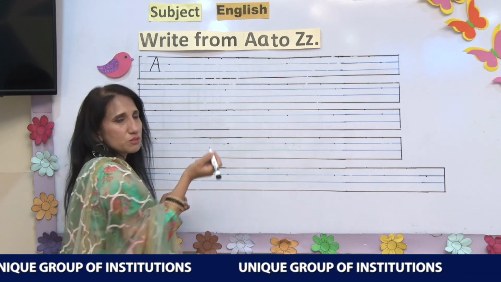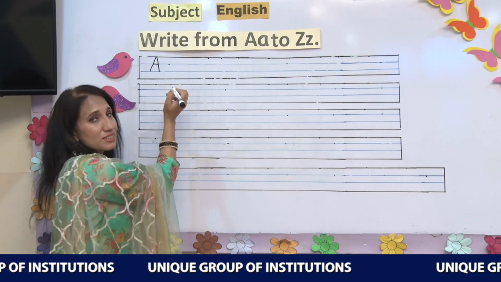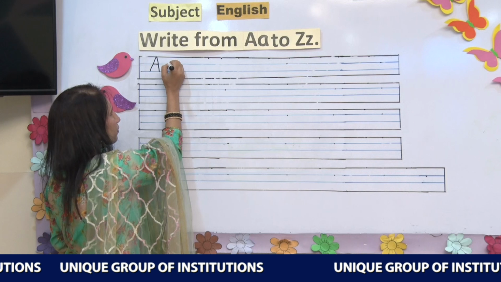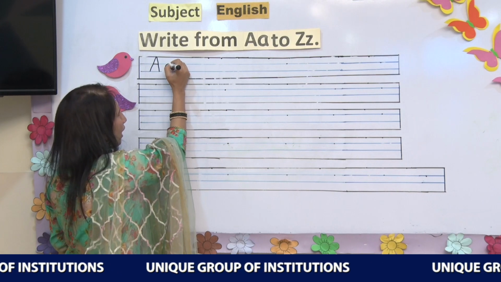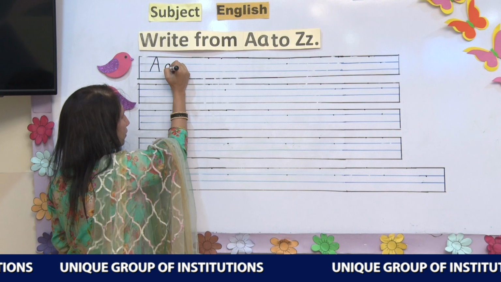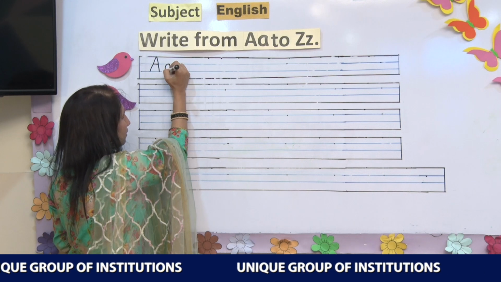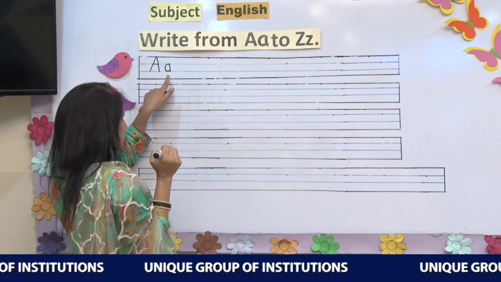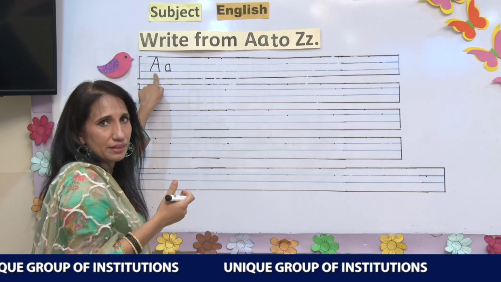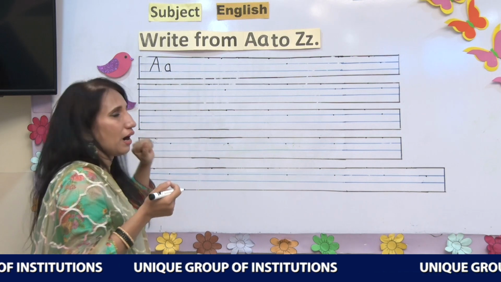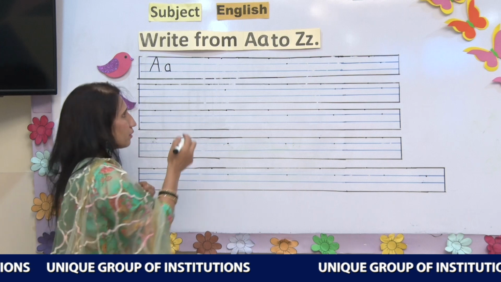How we are going to write the small a? In these two center lines. Make a round shape and then make a standing line, and we close this small a. This is letter A.